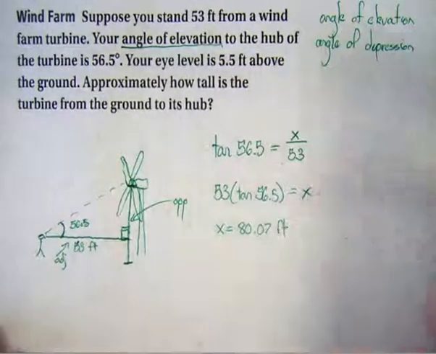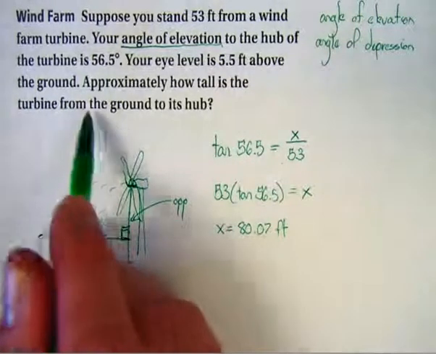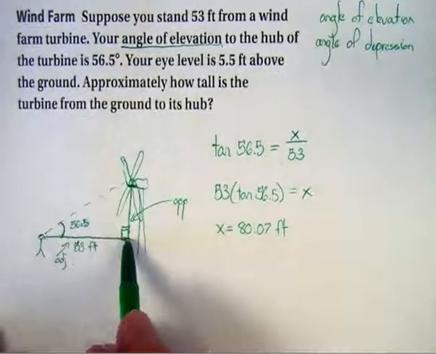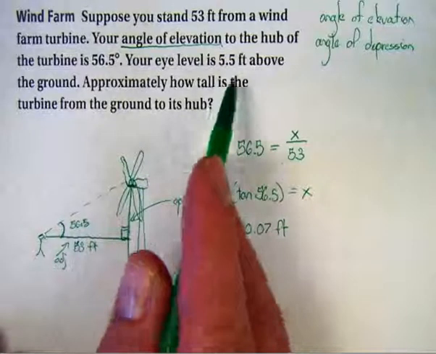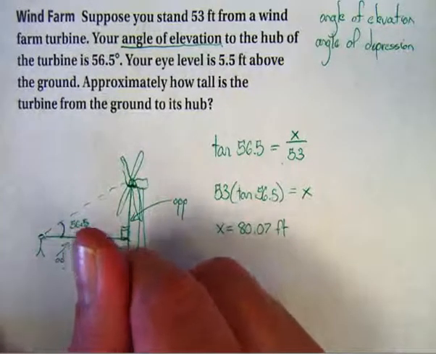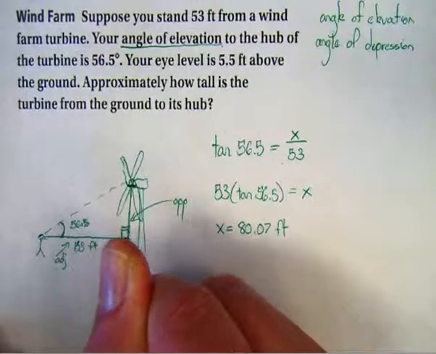80.07 feet. Now, be very careful, because you're tempted here to say, oh good, that's my answer. But we want to know how far it is from the ground. What we have found is how far it is from your eyes to the top of that. And your eye level is 5.5 feet above the ground, which means this distance right here is 5.5 feet.